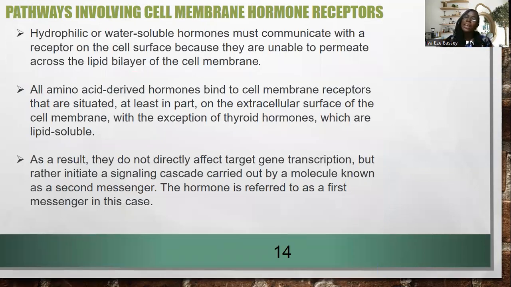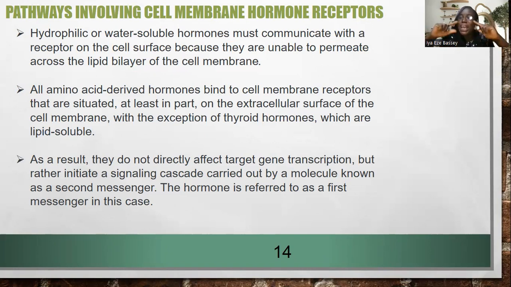On the other hand, that involving the cell membrane receptors is quite different from that involving intracellular receptors. For the cell membrane hormone receptors, the hydrophilic or water-soluble hormones must communicate with a receptor on the cell surface. Why? Because they are lipophobic.